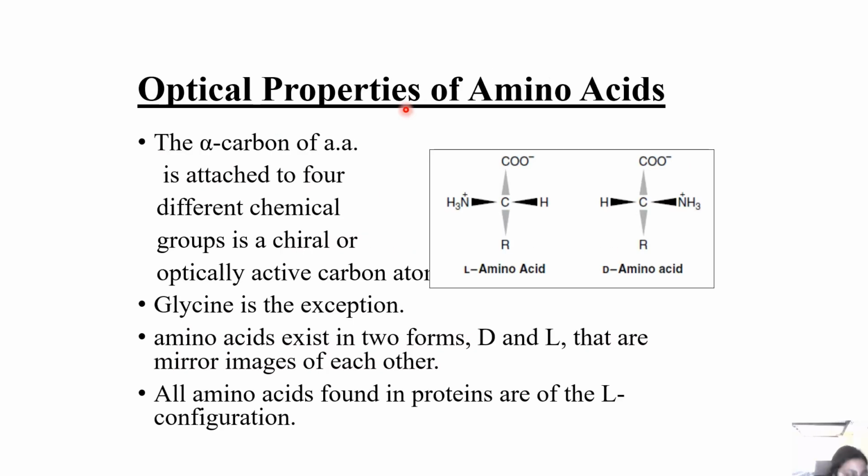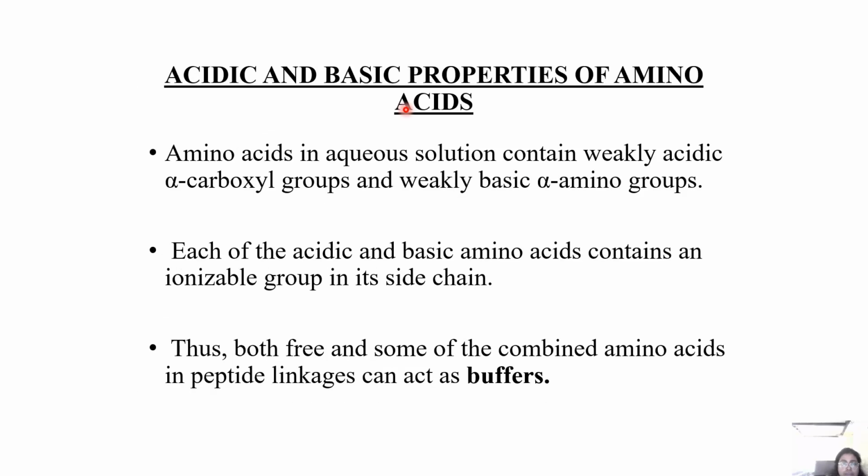Now, if we talk about the optical properties of amino acids, the alpha carbon of an amino acid is attached to four different chemical groups, so it is a chiral or optically active carbon atom. Glycine is the exception. Amino acids exist in two forms, D and L, that are mirror images of each other. All amino acids found in proteins are of the L configuration.